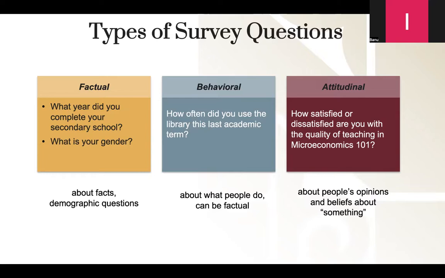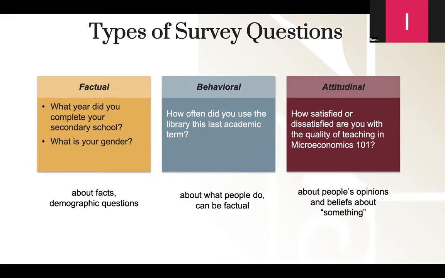So forming an opinion might take a little bit more effort than remembering some fact that occurred or activity you engaged in. But it also can be challenging for the survey researcher to analyze, because there might be a number of biases involved. We will not talk about biases in this webinar, but it is also one of the things that can affect the quality of survey data a lot.